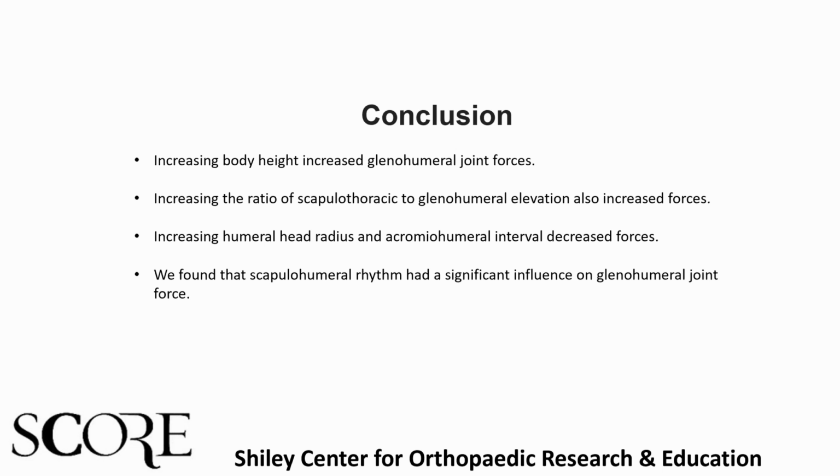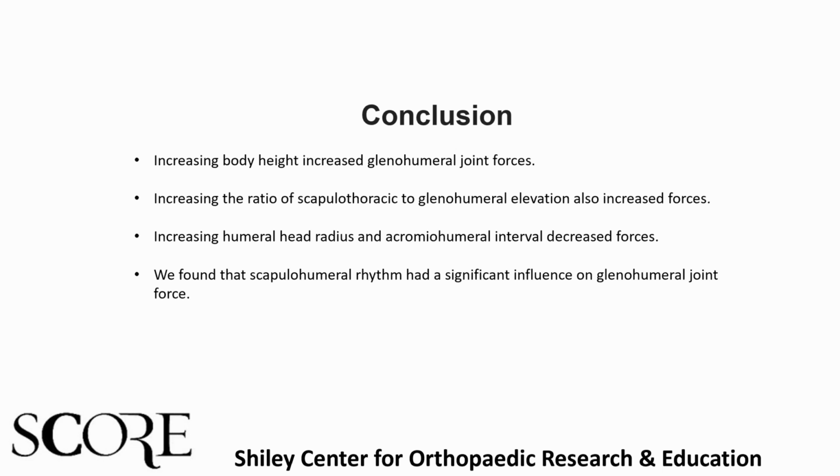So again, in conclusion, we found that increasing the body height increased glenohumeral joint forces, and this made sense because body height is correlated with limb length and the external moments of the weight of each of the segments.